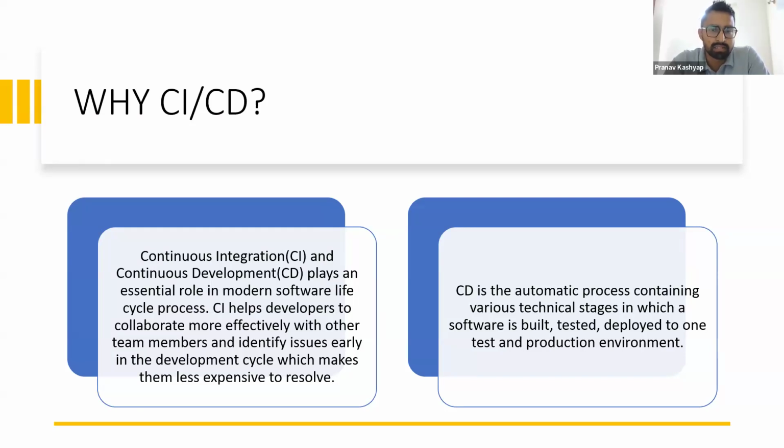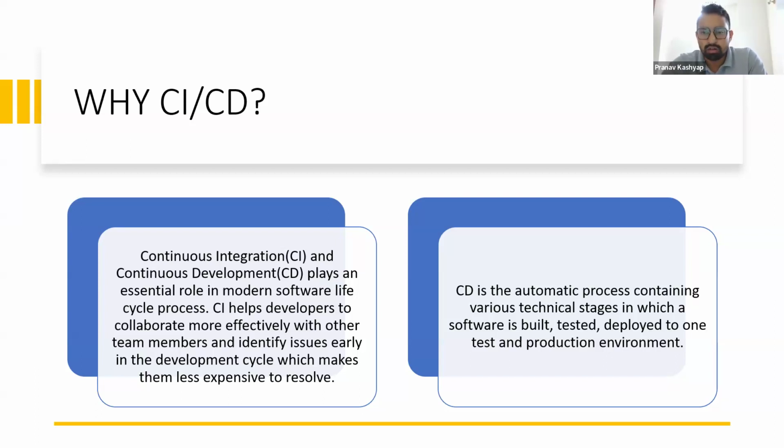I will be using the terminology CI and CD throughout the session. So CI and CD play an essential role in the modern software lifecycle process. CI helps developers collaborate more effectively with other team members and identify issues early in the development cycle, which makes them less expensive to resolve.